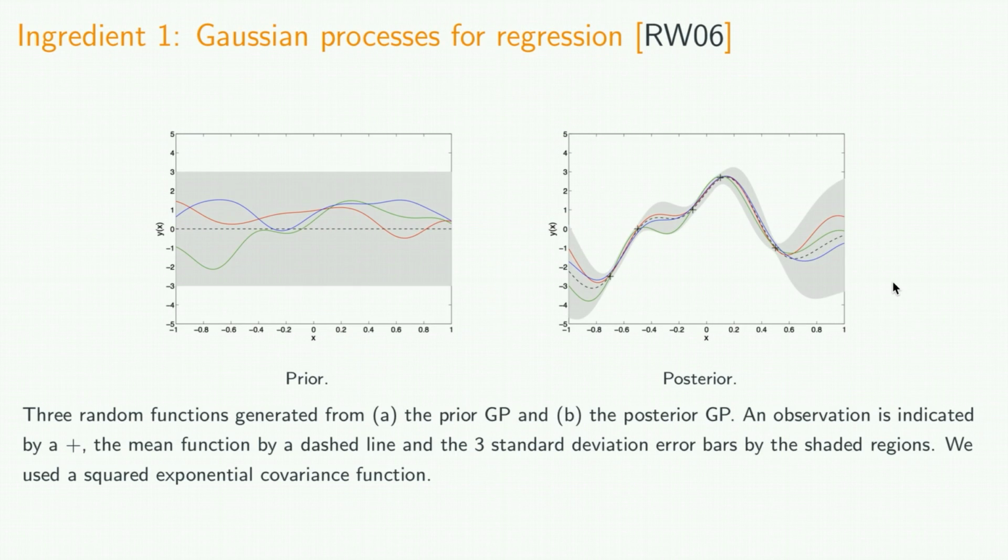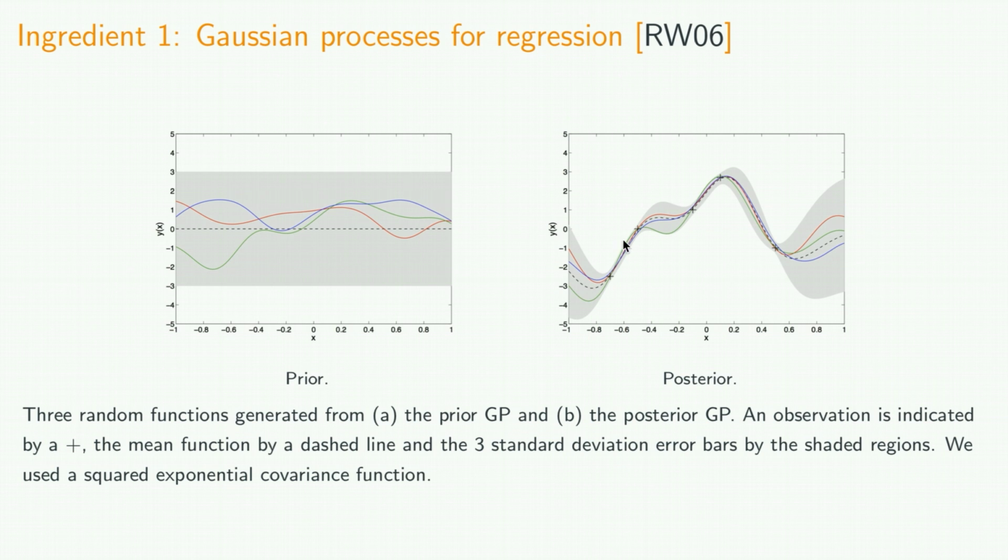So more intuitively, what we have is the following. If we don't see any observations, we can draw functions from the Gaussian process, and here are just three functions drawn from a specific Gaussian process. And once we have some evaluations here, we can compute the posterior Gaussian process.